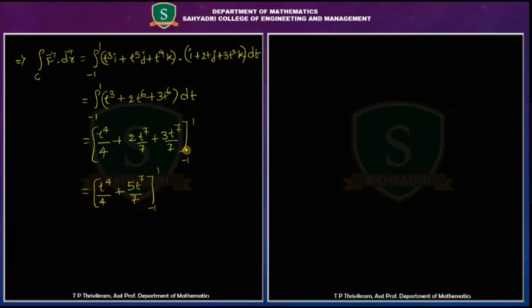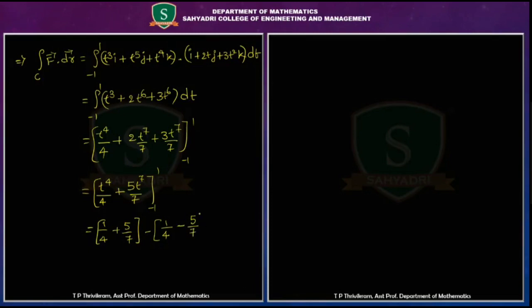How much will you get? This one is equal to 1 by 4 plus 5 by 7 if I apply the upper limit, minus of 1 by 4 and minus 1 power 7, where 7 is an odd number, so I'll get minus 5 by 7.